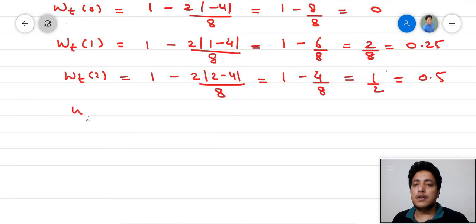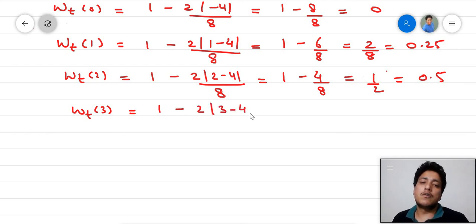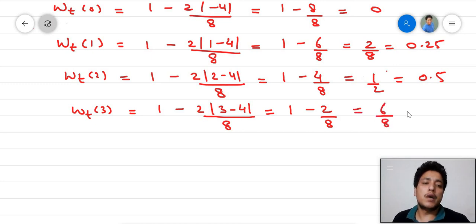Next is w_t(3), which is equal to 1 minus 2 times (3 minus 4) by 8, equal to 1 minus 2 by 8, which is 6 by 8, equal to 0.75.